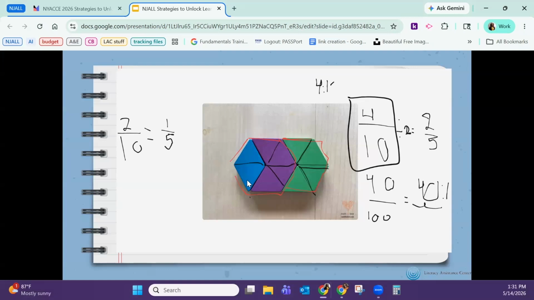And in case you're wondering, were they always little triangles? No, sometimes I threw trapezoids at them. Sometimes I threw really complex tessellations at them. Either way, they knew that they were going to have part of a whole, and that whole had to be broken into the same number of pieces. So I'm going to pause there for any thoughts or questions or comments about how a fraction talk would run.